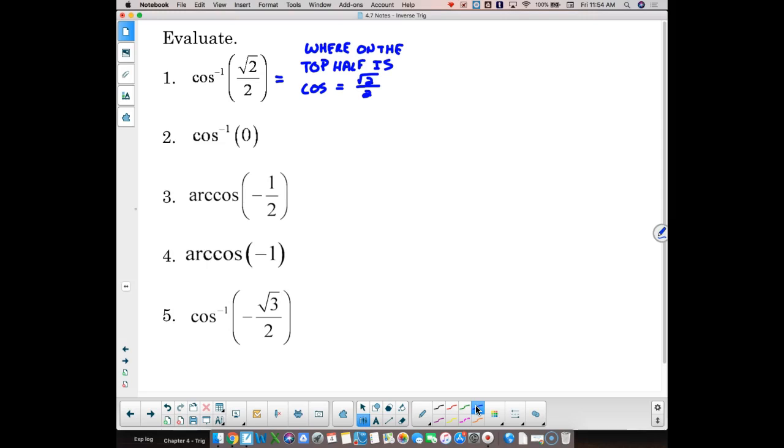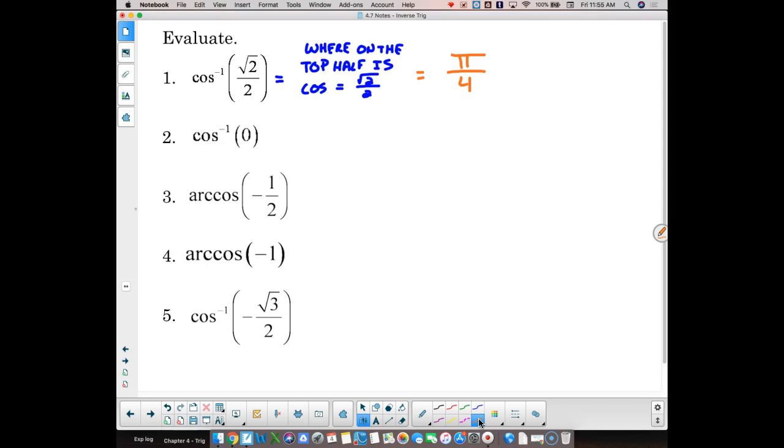Pi over 4. Do we all agree with pi over 4? Yep, I would agree that this is pi over 4. X value, square root 2 over 2. Positive. Love it. Okay.